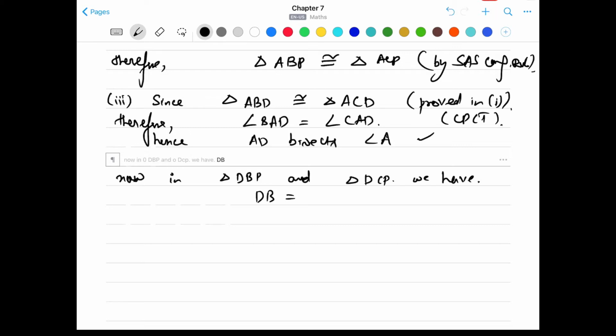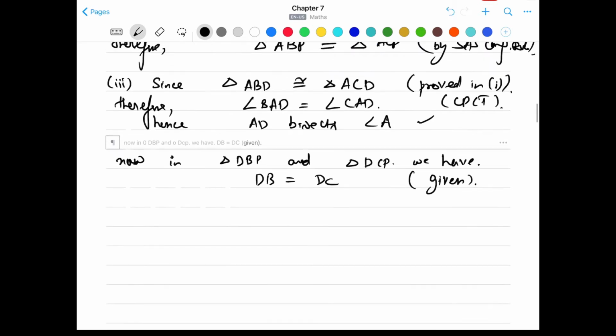Side DB is equal to DC because they are the opposite sides of an isosceles triangle. So this is given, because we are given that DBC is an isosceles triangle.